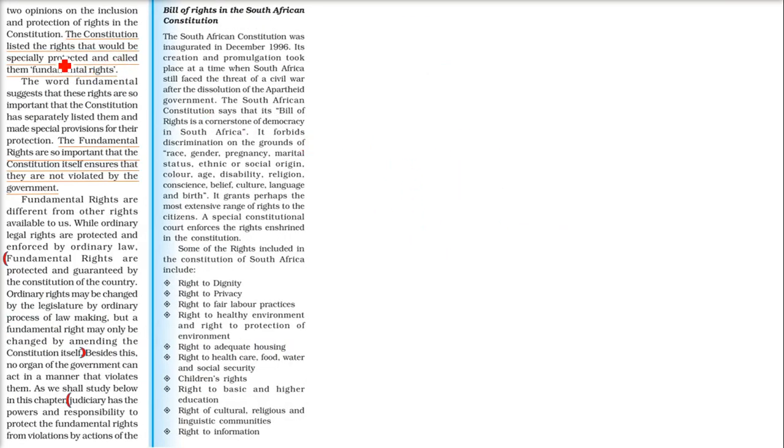The constitution listed the rights that would be specially protected, and these are called the fundamental rights. What does this fundamental mean? Fundamental means those which are basic. So fundamental rights are so important that the constitution itself protects them. That is, the constitution ensures that they are not violated by anyone, neither the government nor anyone.